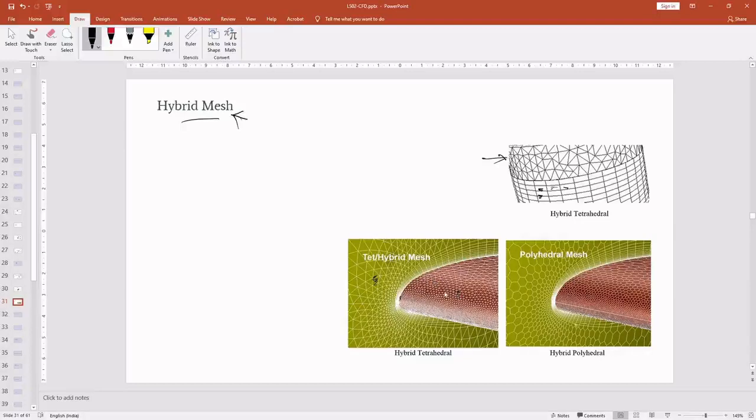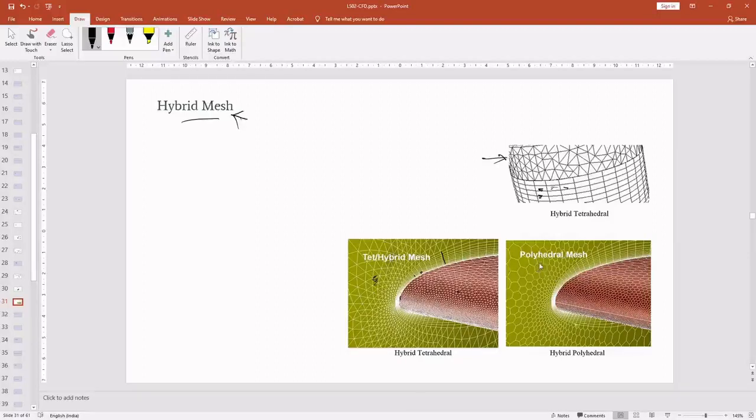Also, the wing is meshed with tet elements, but the boundary layer or the immediate layers have been given some prism layers, flat layers to capture the discretization or something. The region of interest, when we are more interested in this area, we'll try to give more structured mesh there.